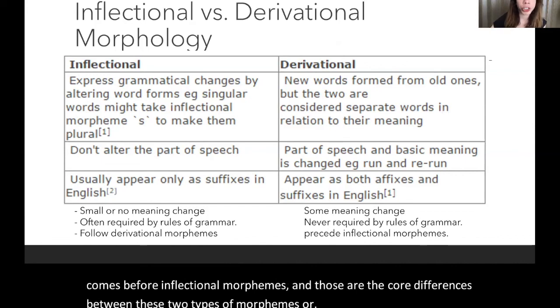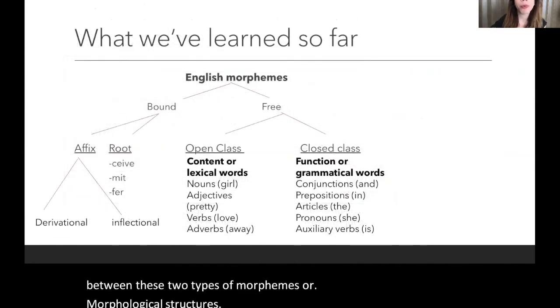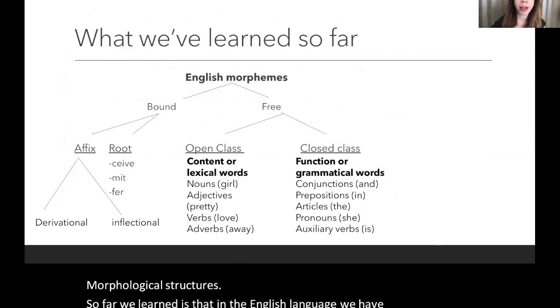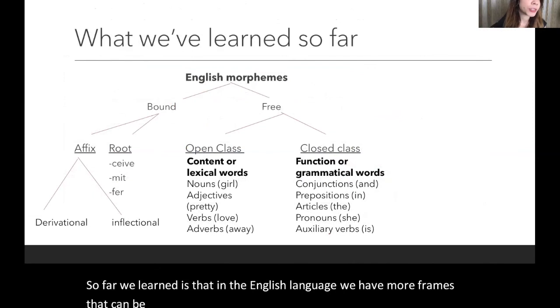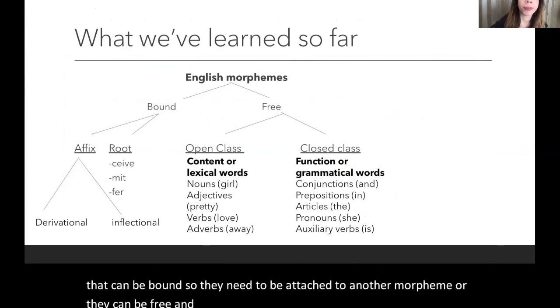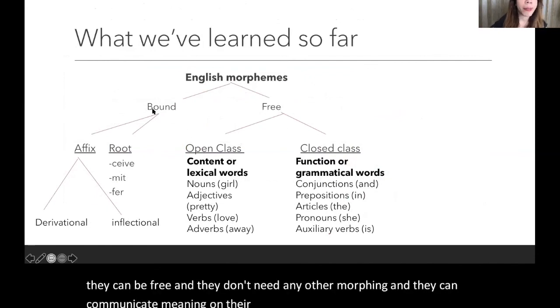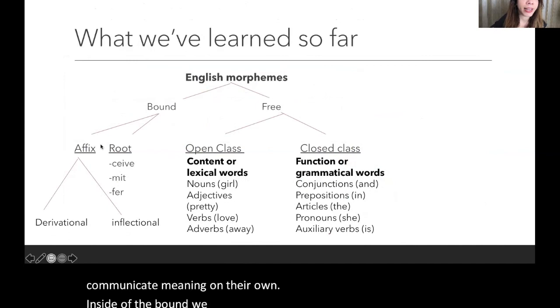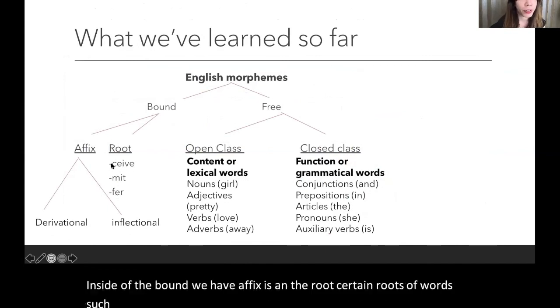So far what we've learned is that in the English language, we have morphemes that can be bound, so they need to be attached to another morpheme, or they can be free and they don't need any other morpheme and they can communicate meaning on their own. Inside of the bound, we have affixes, and the certain roots of words such as sieve, mit, for.